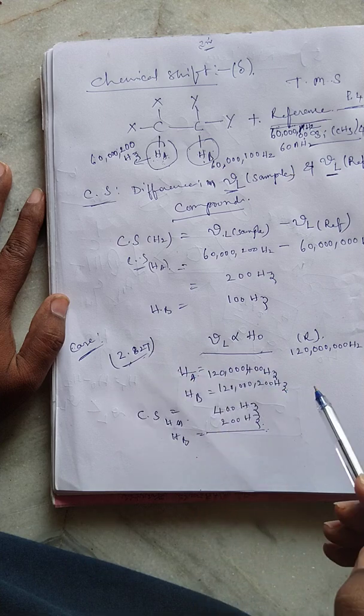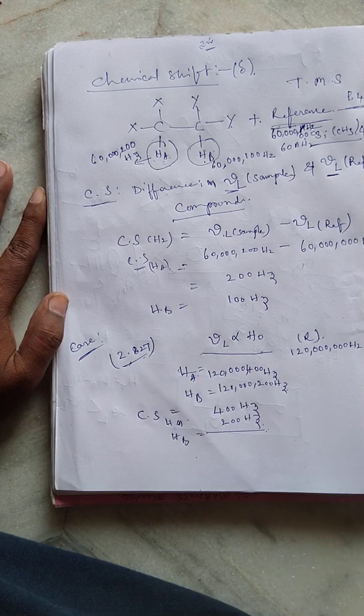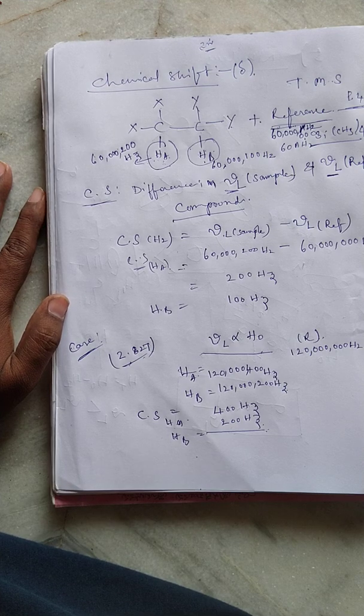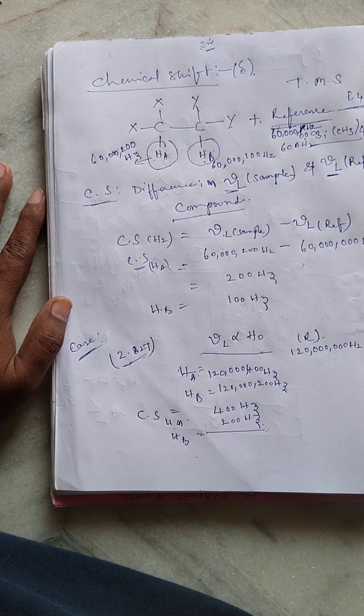But in a graph it should be a definite number. So to do away with confusion, we have to propose a ratio which will not alter with the strength of the magnetic field or the energy of the radio frequency source.